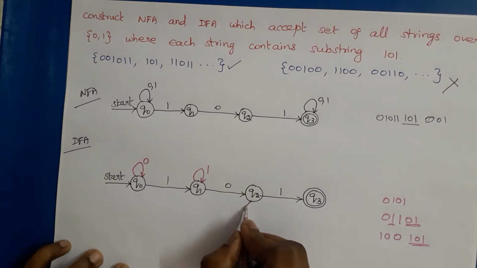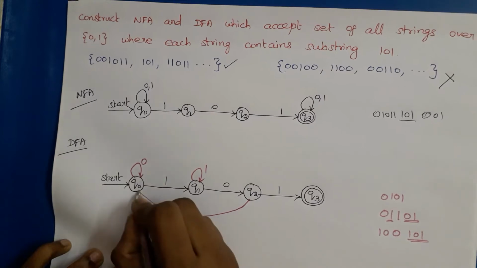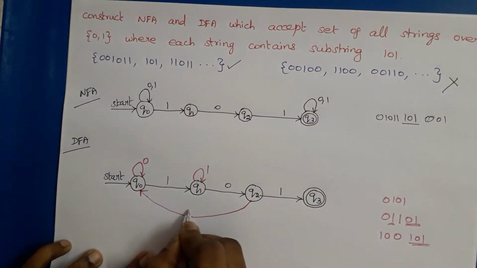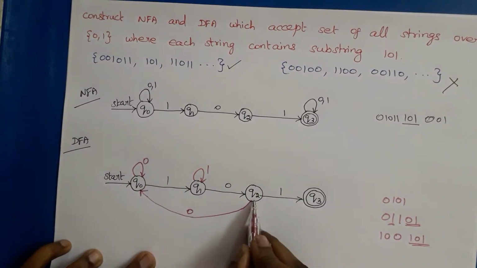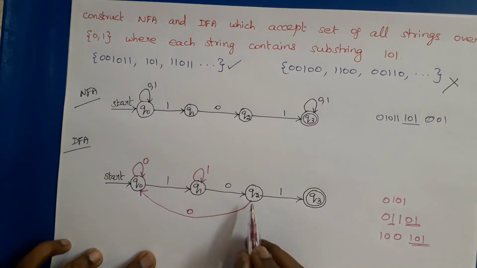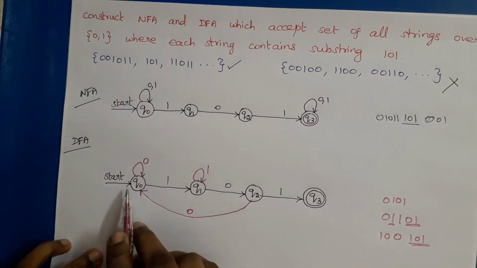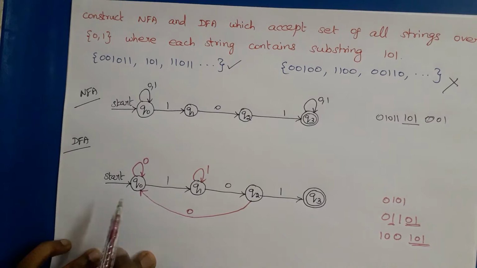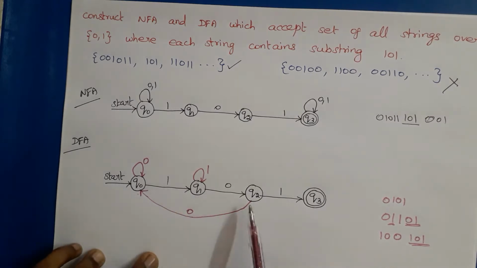So from Q2 to Q0, we have to draw a transition for the input symbol 0, going back to the start state. So we have drawn two transitions for Q2 also.